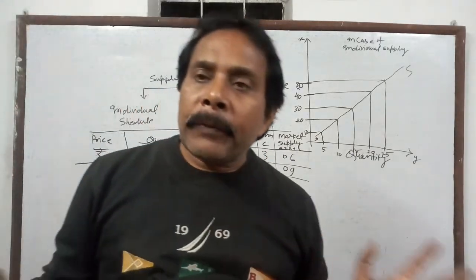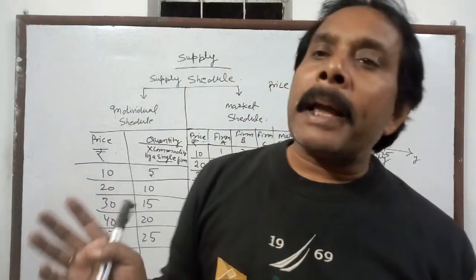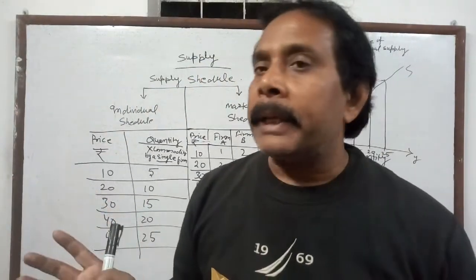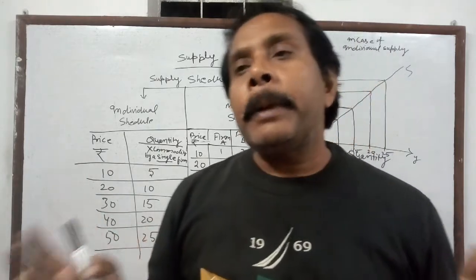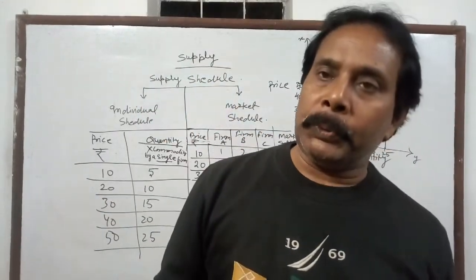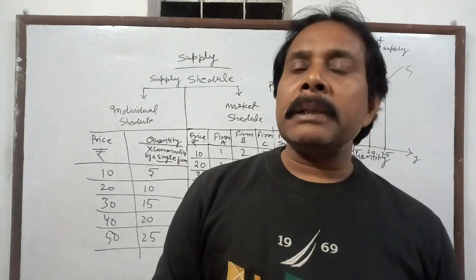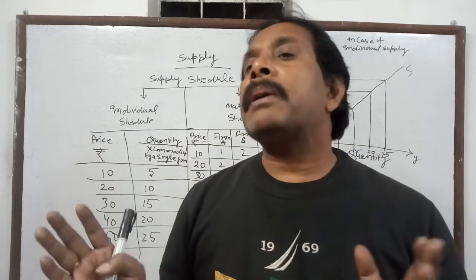Okay, so if anybody asks, define individual supply curve, what will you say? You will say that it refers to the graphical representation of the individual supply schedule. Is it clear? Listen once again, what is the individual supply curve?